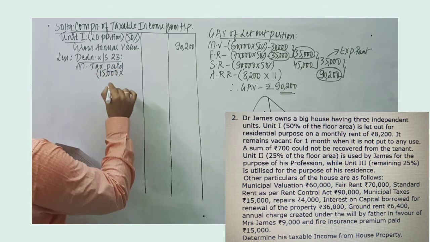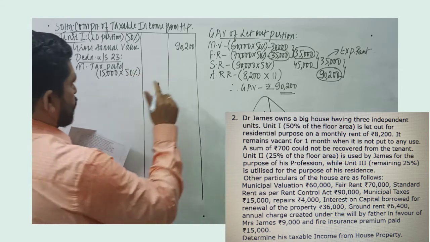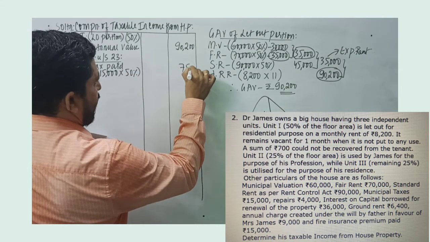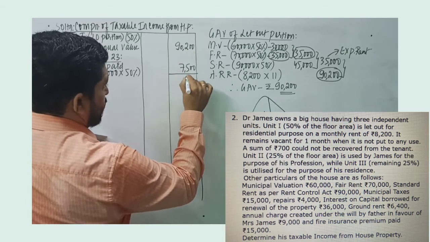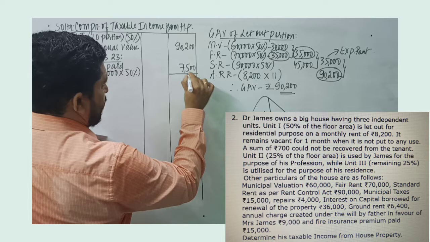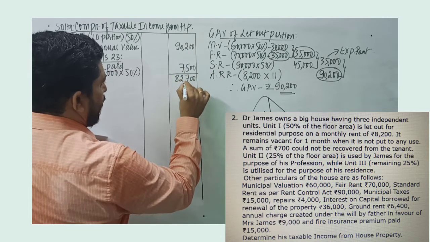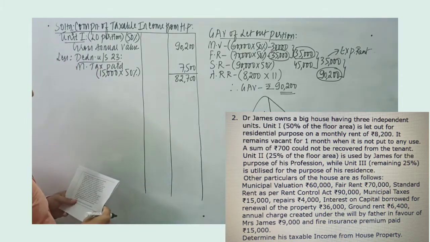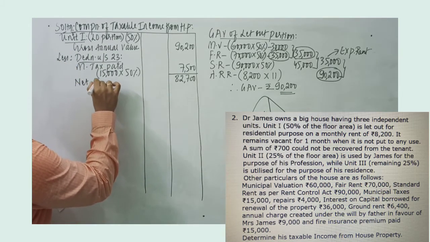So I take 15,000 into 50%. So 7,500 is the value. So I deduct 90,200 minus 7,500. 12 minus 5 is 7. 9 minus 7 is 2. So this would be 82,700. 82,700 will become net annual value.